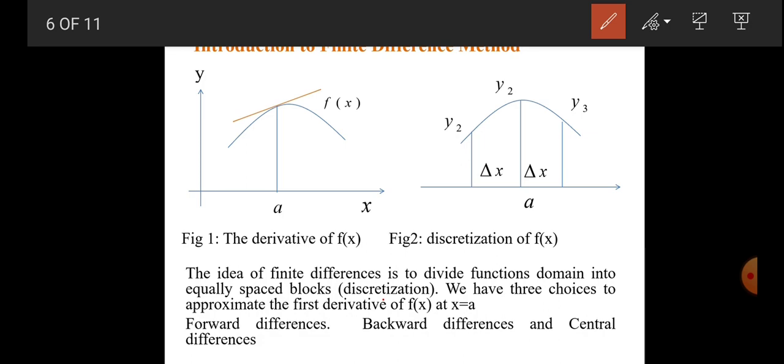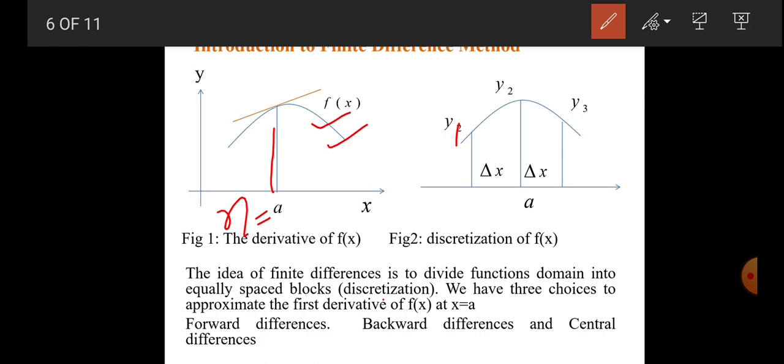We have three choices in such cases. Let's say this is a domain, which is a function of x, and at x it is equal to a. To solve this function, we need the derivative of f of x, and we can discretize this f of x by dividing the domain into intervals of del x.